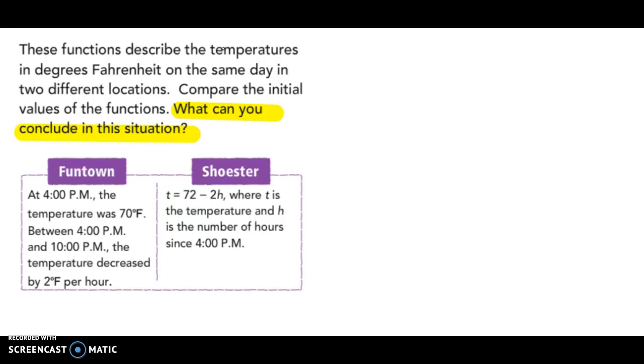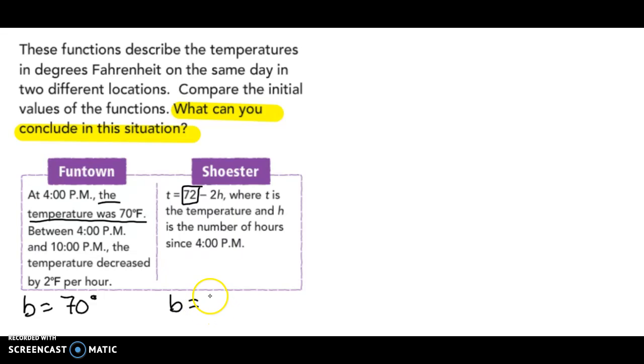Between 4 a.m. and 10 a.m., the temperatures decreased. Well, it tells me that the temperature at 4 a.m. was 70 degrees, so my B value, my initial starting point, is 70 degrees. Schuster gives me an equation that says T equals 72 minus 2H. Again, remember your B value stands alone.